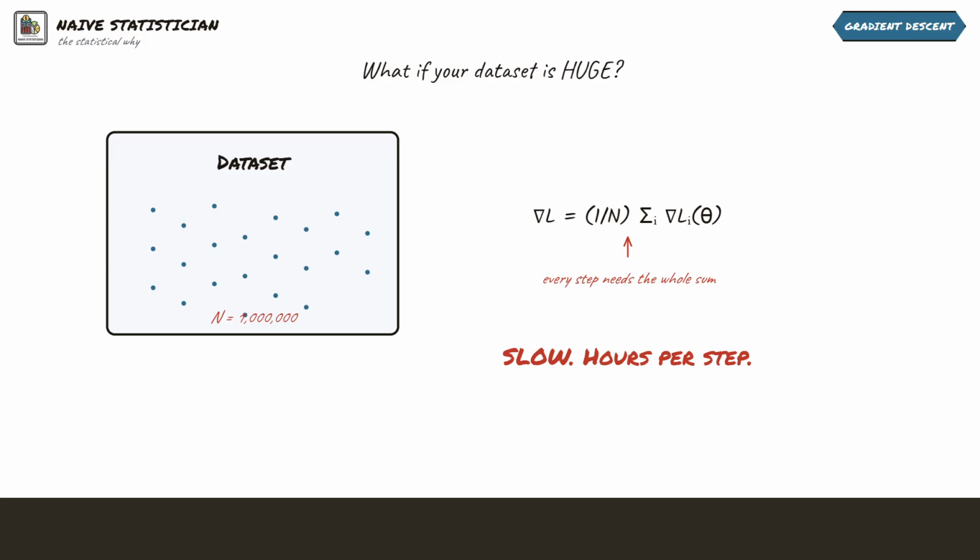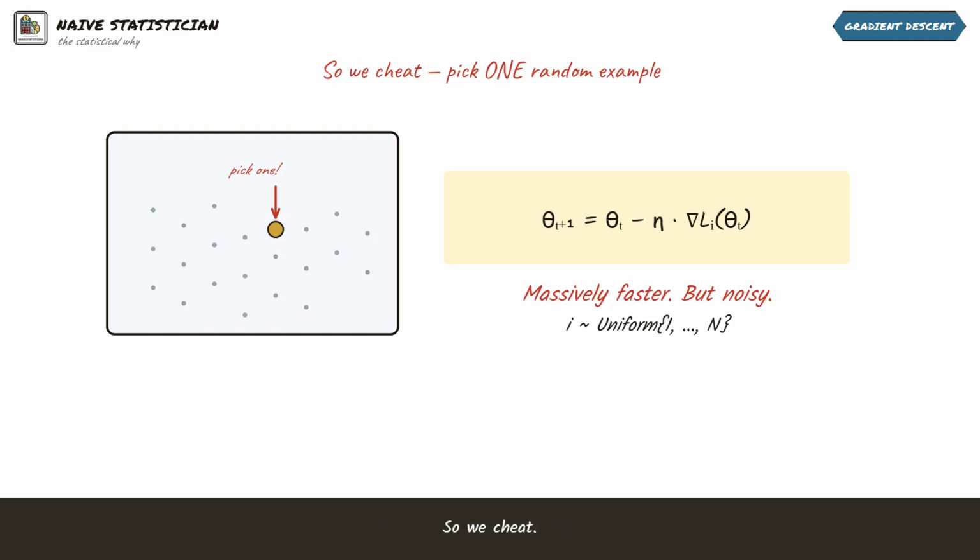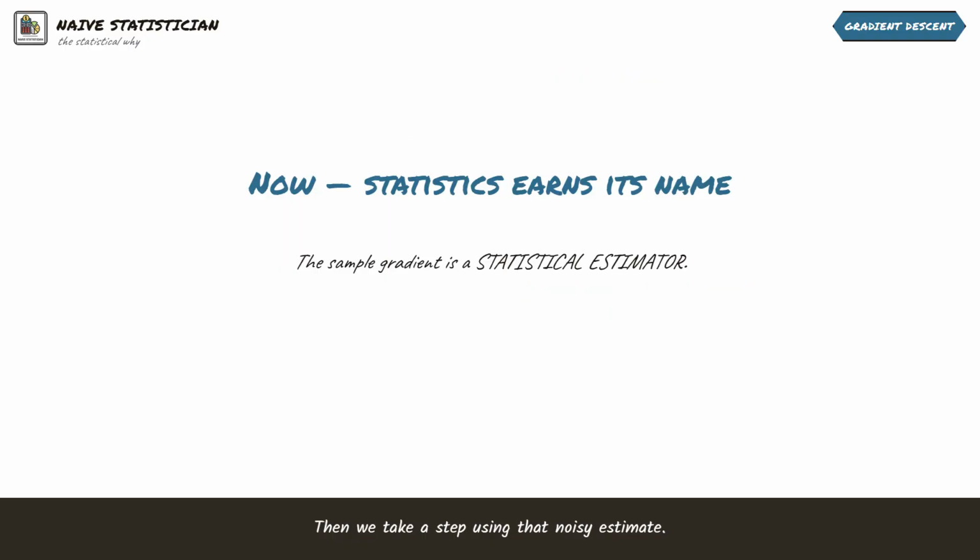We need thousands of steps. The whole procedure becomes infeasible. So we cheat. Instead of computing the gradient using all the data, we compute the gradient using just one randomly selected example, or a small batch, say 32 examples. This gives us an estimate of the true gradient, a noisy statistical estimate. Then we take a step using that noisy estimate.